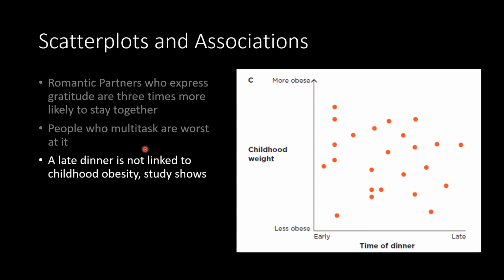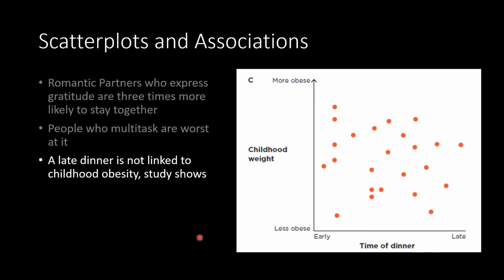Finally, looking at a zero association, or something that's very close. So here you could technically draw a line in almost any of the directions. Hence, this is not related, where any movement on the time of dinner that people have does not indicate whether a child will be more or less obese, such that there are children who are high and low in obesity who have early dinners, just like there are children who are low and high in obesity when they have late dinners.